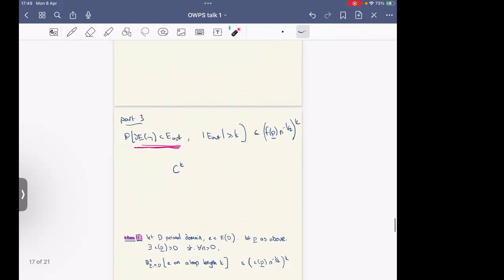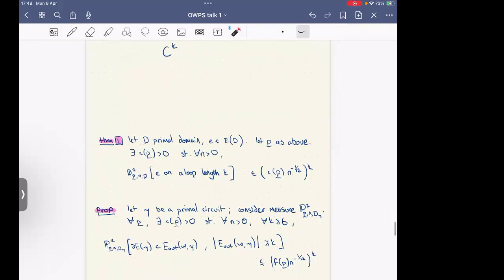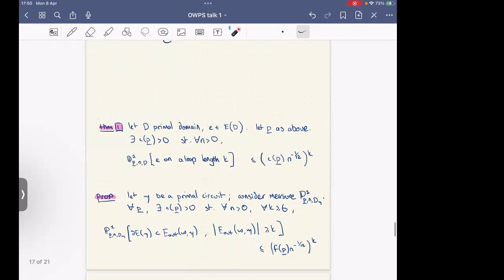Okay. So I'm essentially out of time, but here's our theorem that I wanted to prove, which is that the probability that E is on a loop of length K, we want it to be bounded by something small to the K. And what we've done so far is said that everything which is not in a cluster inside our gamma, the size of that being greater or equal to K is small in K. And so what we do is, we fix a loop of length K, we find the smallest circuit around it, and that becomes our gamma.